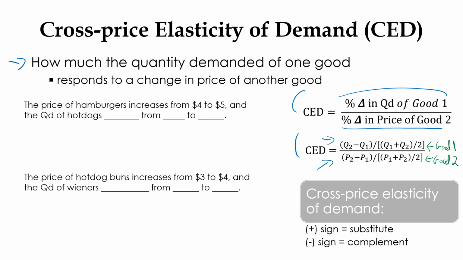Let's take hamburgers and hot dogs. Well, I think I've given it away, haven't I? I've used a real clear example on purpose, but we know that they're substitutes, right? So let's see if we can fill in the blanks here. The price of hamburgers increases from $4 to $5, and the quantity demanded of hot dogs, what is it going to do?